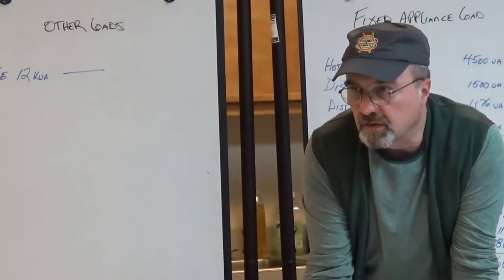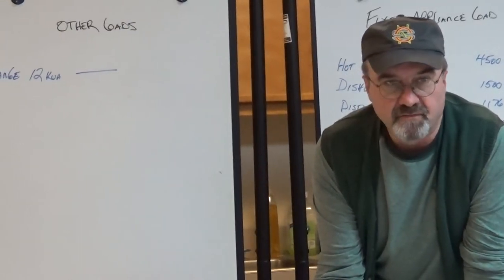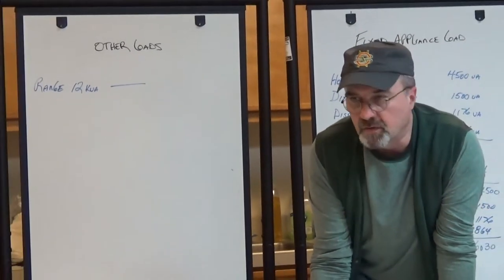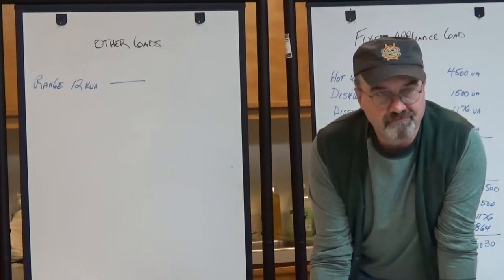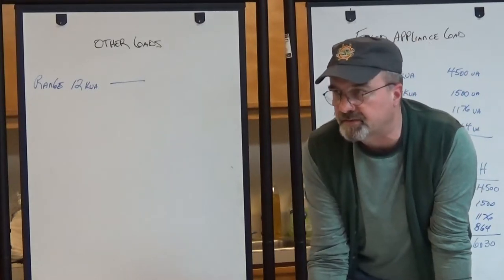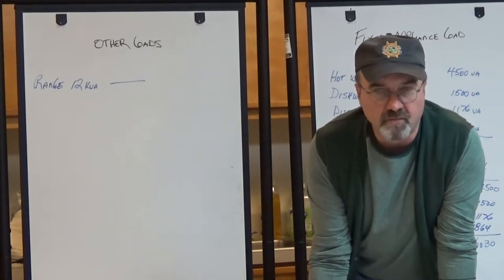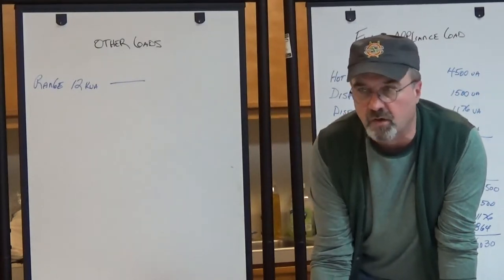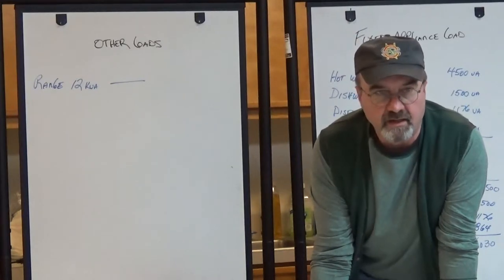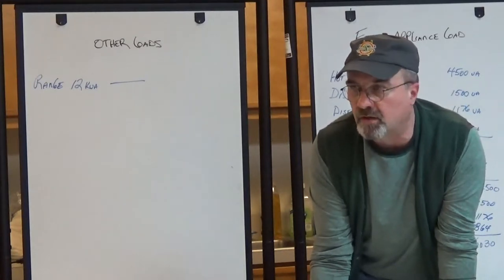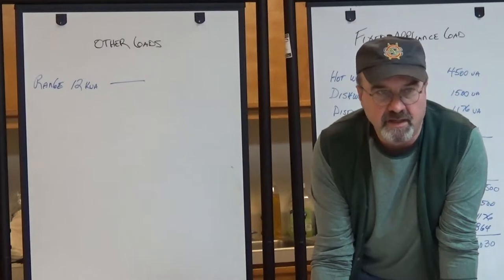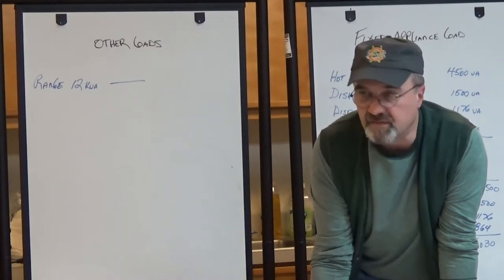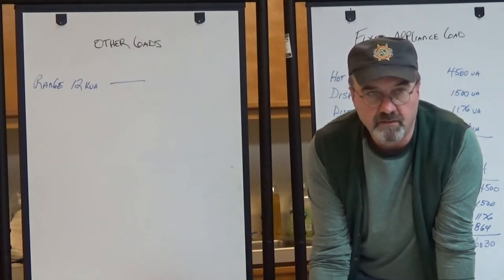The code also allows a demand factor for the range, okay? The code is recognizing that we're probably not going to be burning all 4 burners and having the broiler and the oven on with the light, everything all at the same time at its highest temperature, okay? And so it gives us a demand factor to apply.